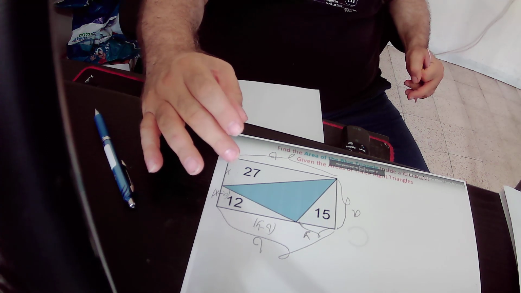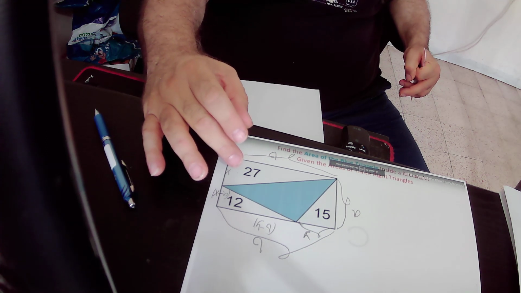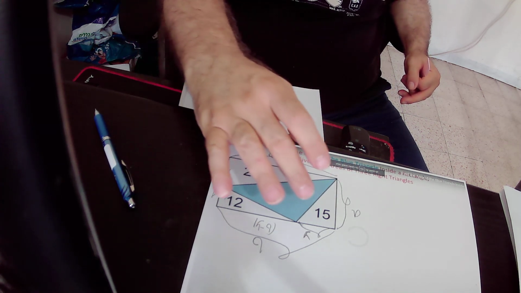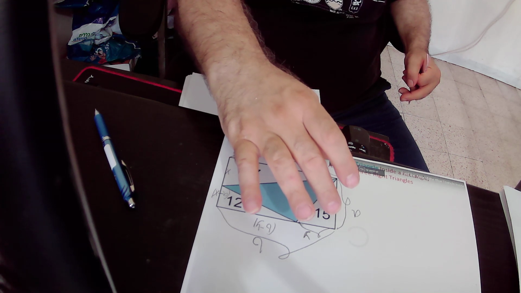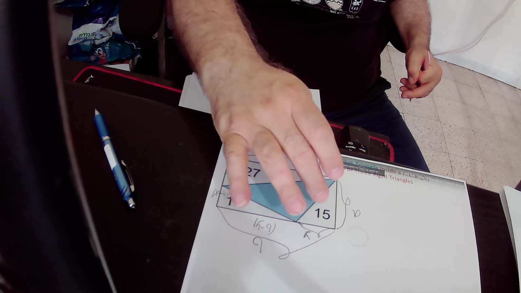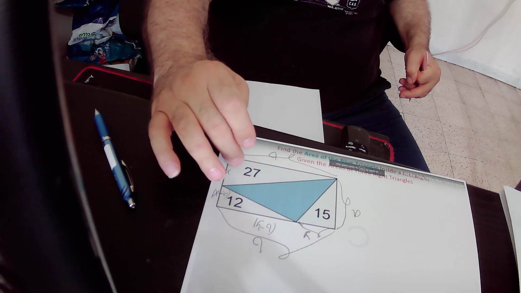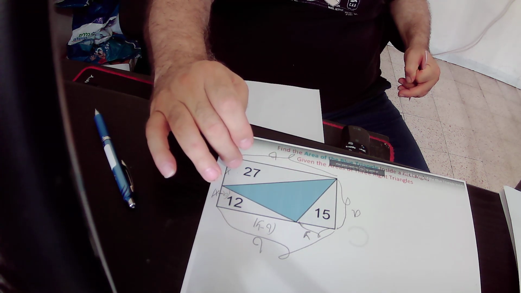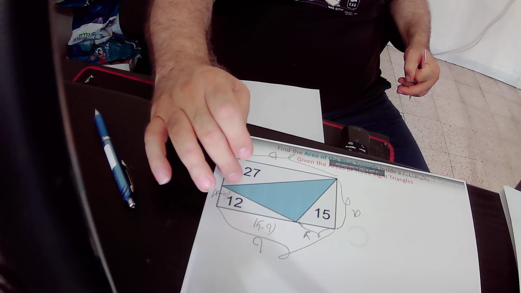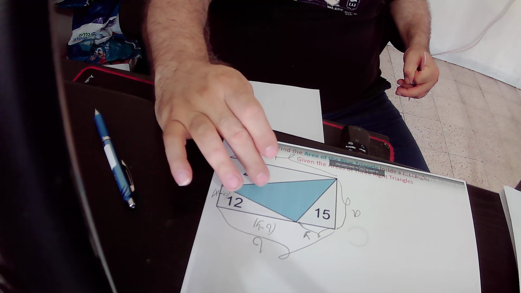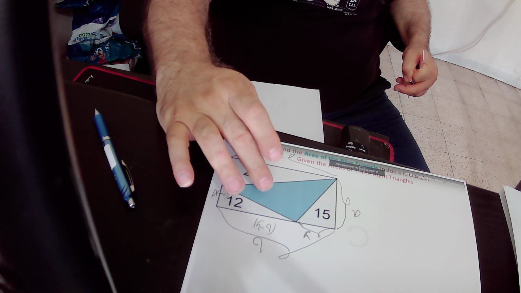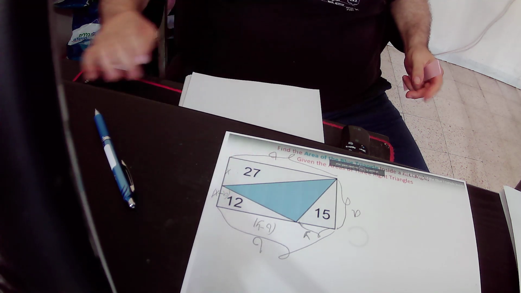Okay, so the only solution that's left for the area of the rectangle is 90 units, and we subtracted from the area of the rectangle, that is 90 units, the sum of the areas of the three right triangles, that is 54 units. So 90 minus 54 units is 36 units, and 36 units is the area of the blue triangle. Okay, thank you very much.